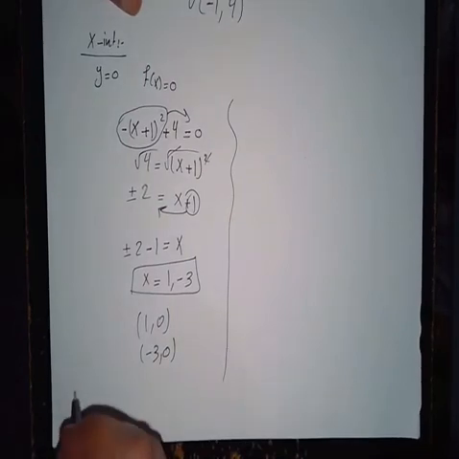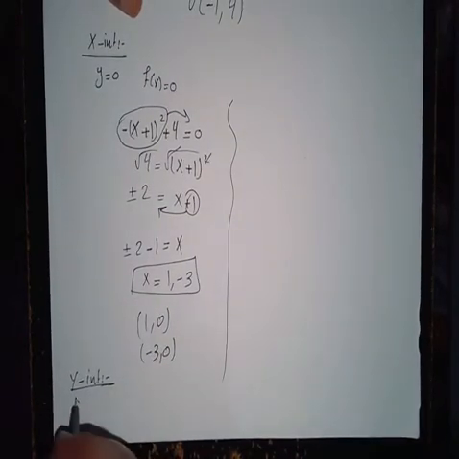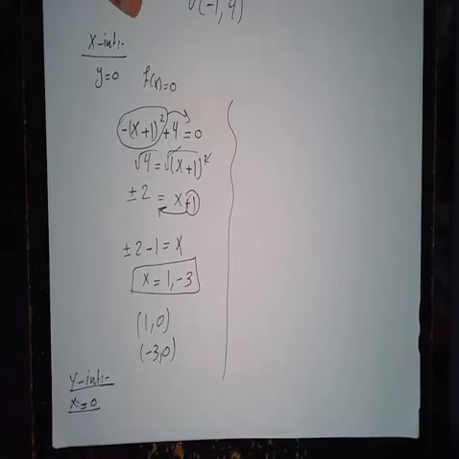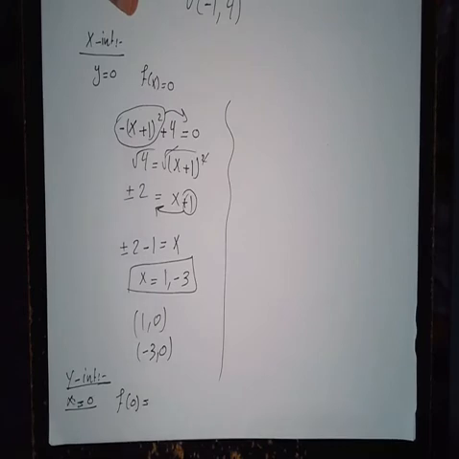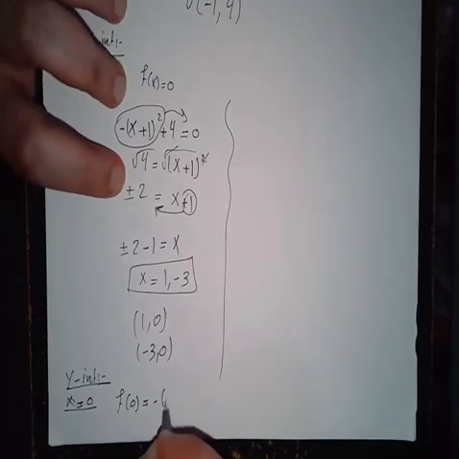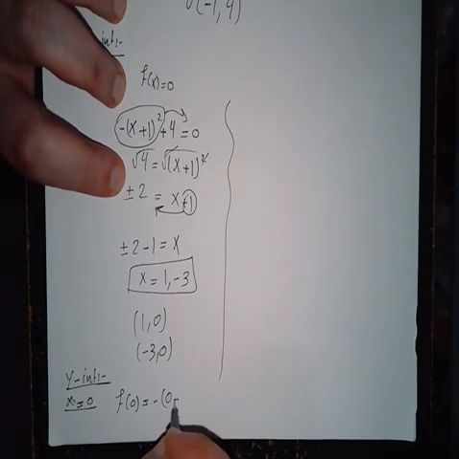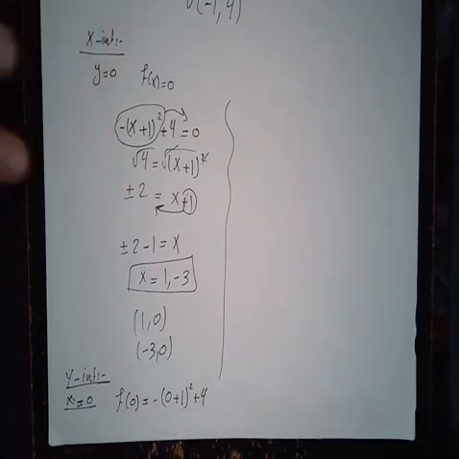Actually, I think I can do it here, since it doesn't take a lot of room. Y-intercept. For the y-intercept, x has to be 0, which means I'm finding what? f of 0. My function was negative x plus 1 squared plus 4. 0 plus 1 is still 1.